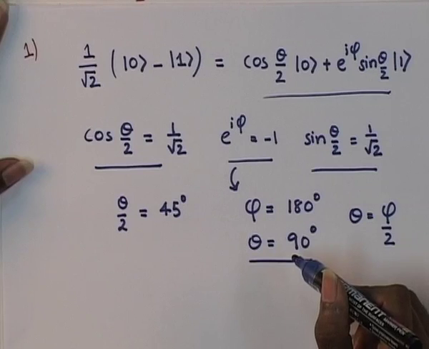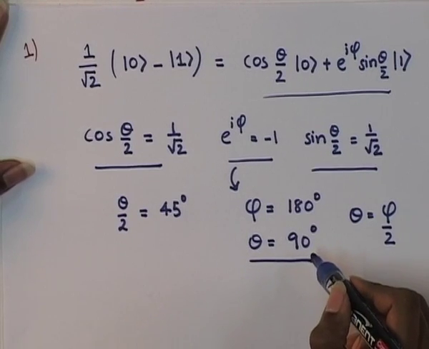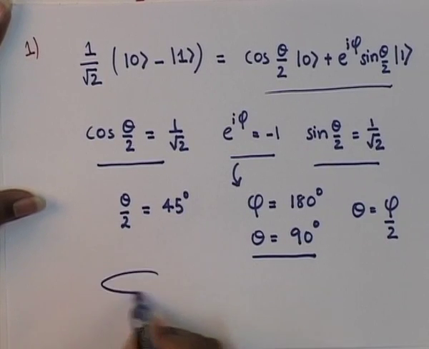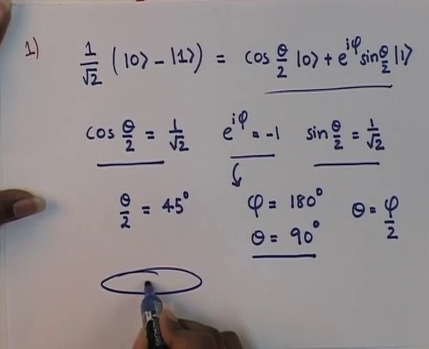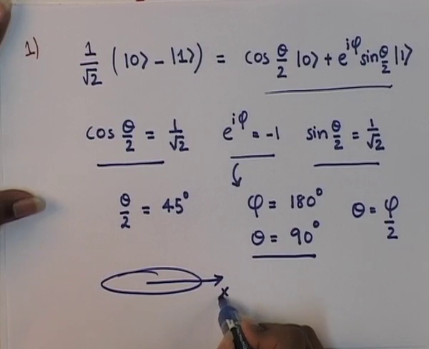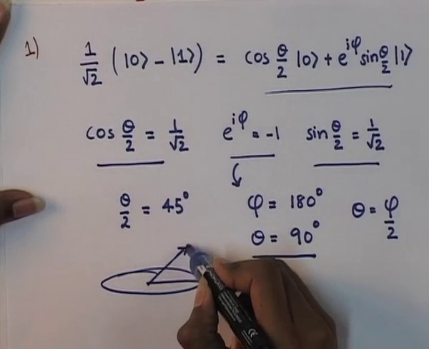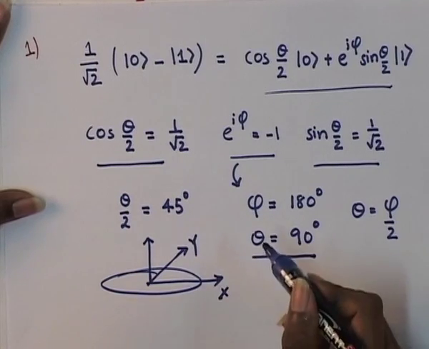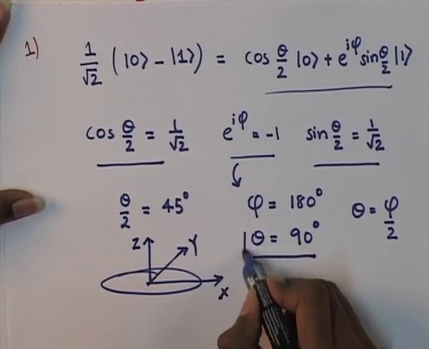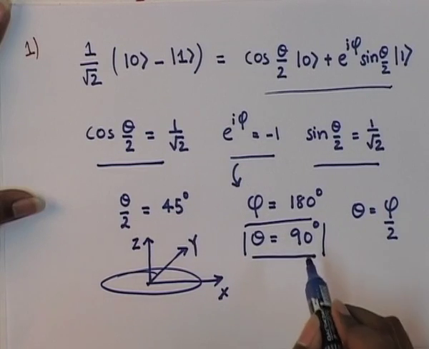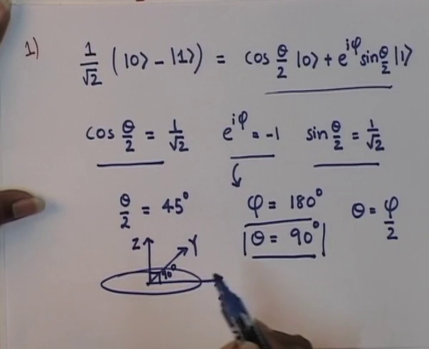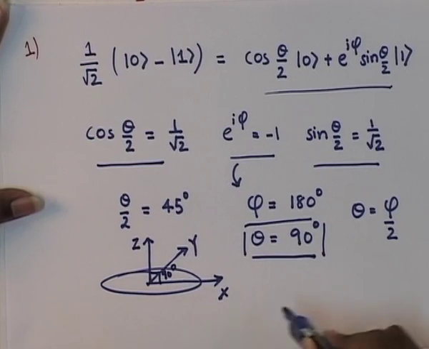So the state should be lying in the equatorial plane, because if we see this, say this is the equatorial plane where the axes are x, y and this is z, any state which is making 90 degrees with the z axis should be lying in the equatorial plane.